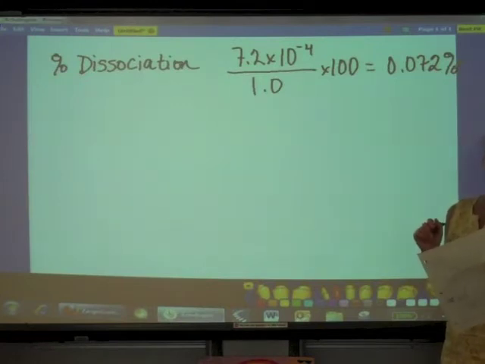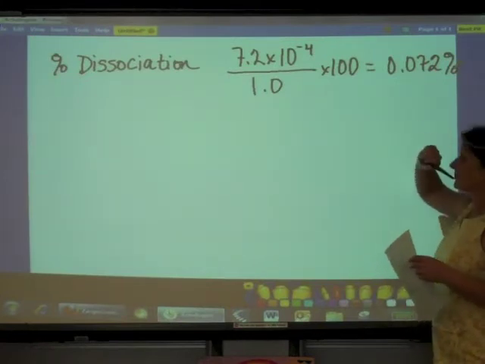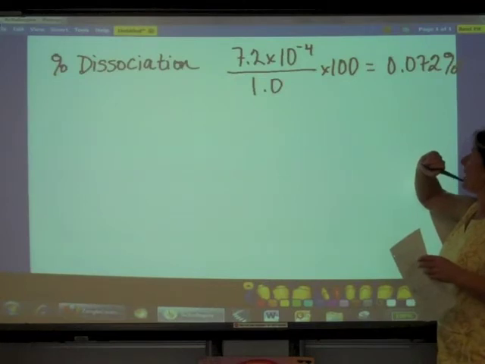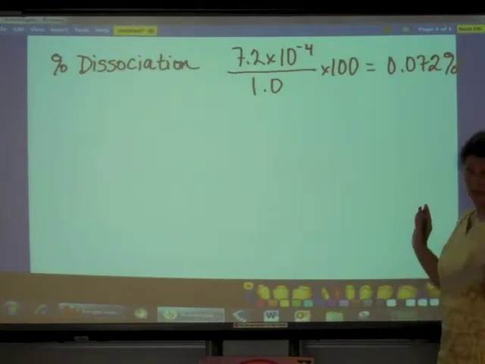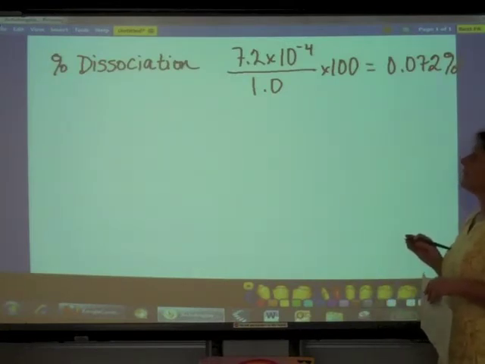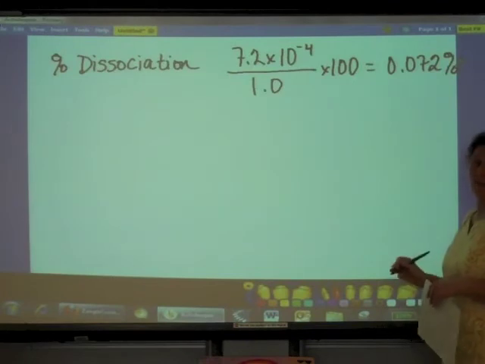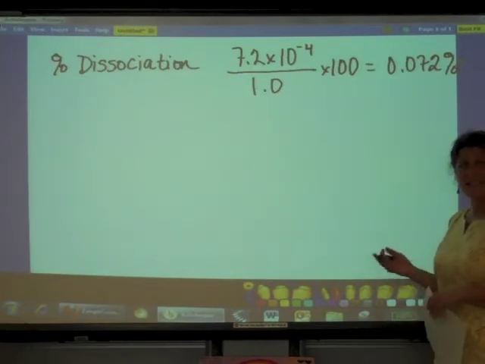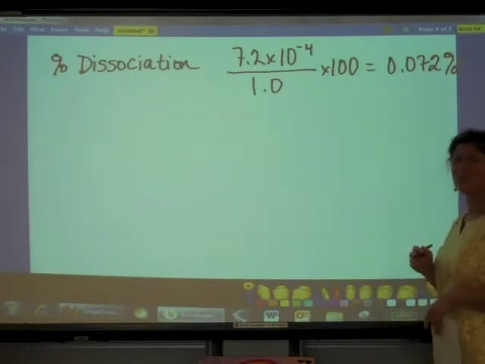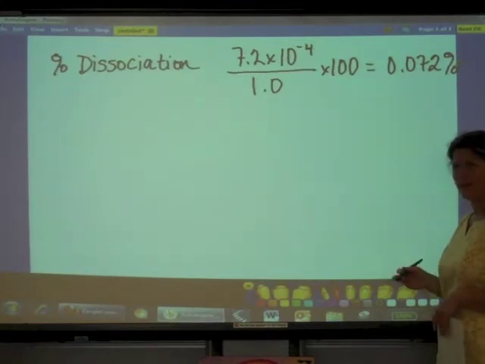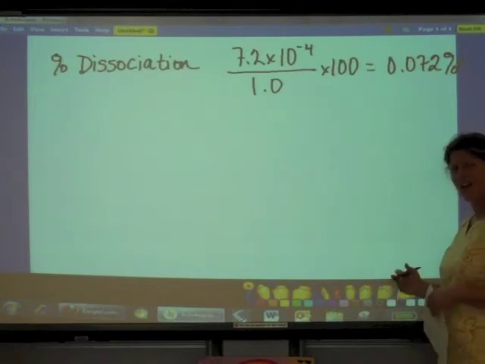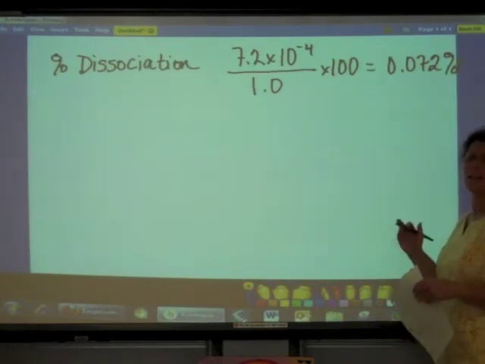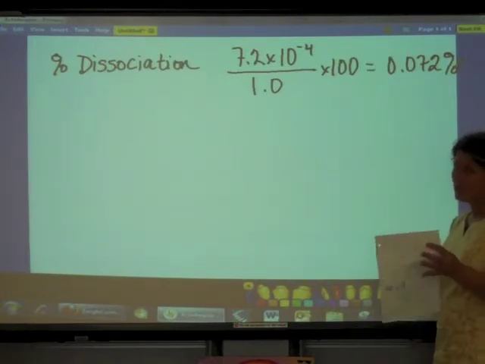Well below 5%. And so that tells us, of course, that number one, it was okay for us to throw out our x's as being negligible. But number two, wow, it's hardly any hydrogen dissociated at all. I mean, what a job that fluoride ion does keeping that hydrofluoric acid associated.